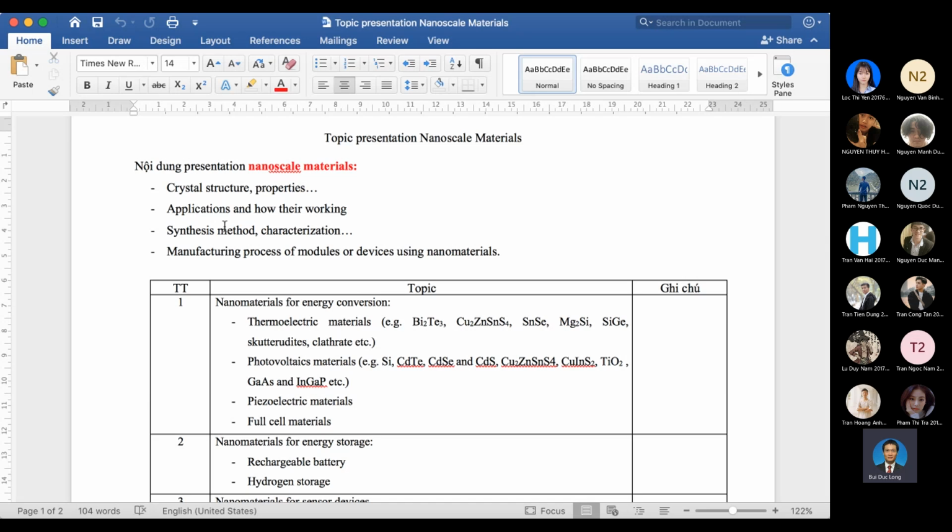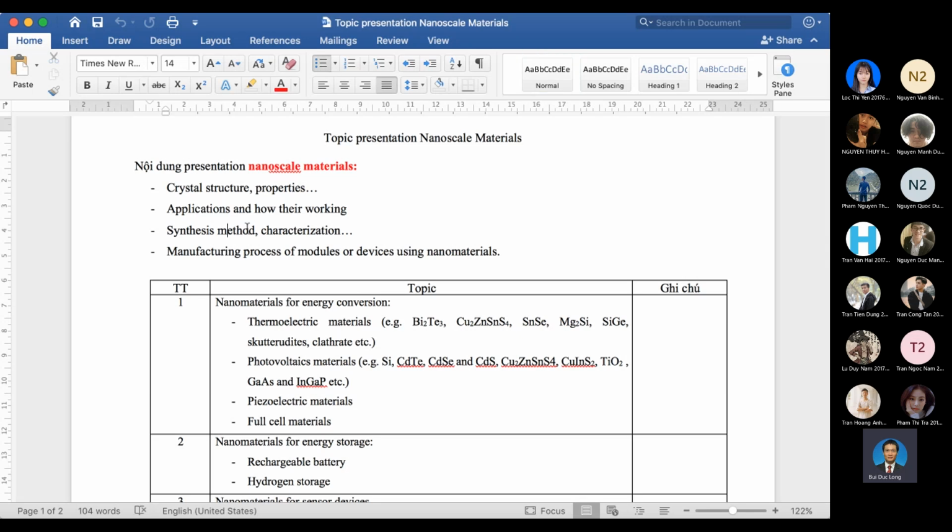But if the material can be synthesized by several methods, you can list them down and explain, then choose one of the best or most popular methods, or the method suitable for your lab condition, or for a certain application, and present it.